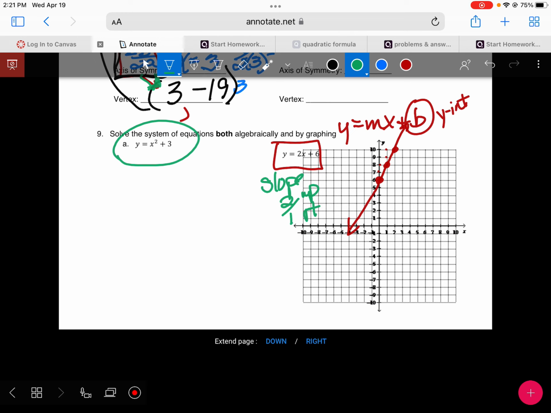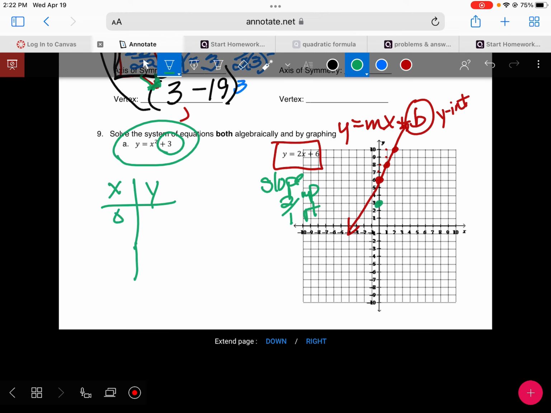Or if x is equal to 0, what do I get? Y is 3. So right there, that is my y-intercept. If x equals 0, y is 3. You could put values in, like do a table.